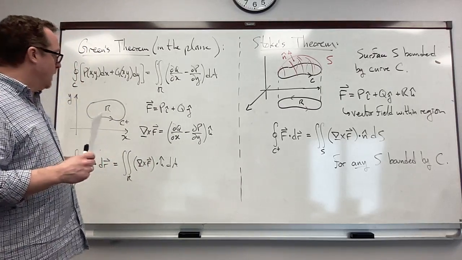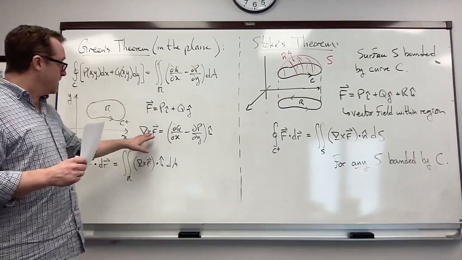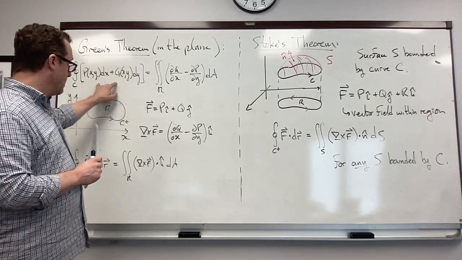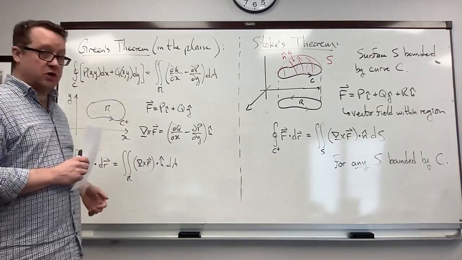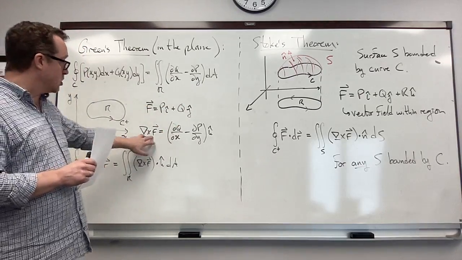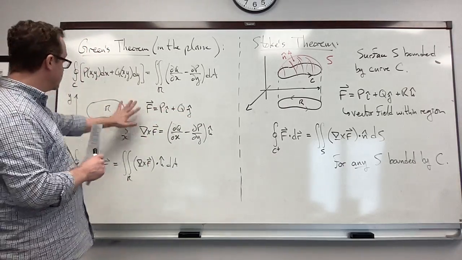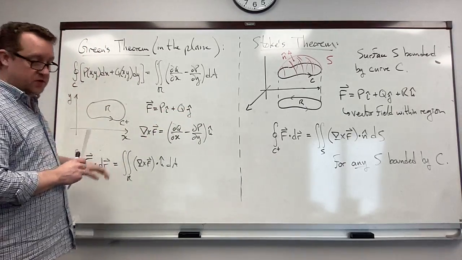Now, further, if this is the vector field F, then this whole thing is F dot dr. But what is this other thing? We showed before that if you take the curl of F, even though it has only two components, there's a zero z component to F, because this is in the plane. This is just a 2D situation.